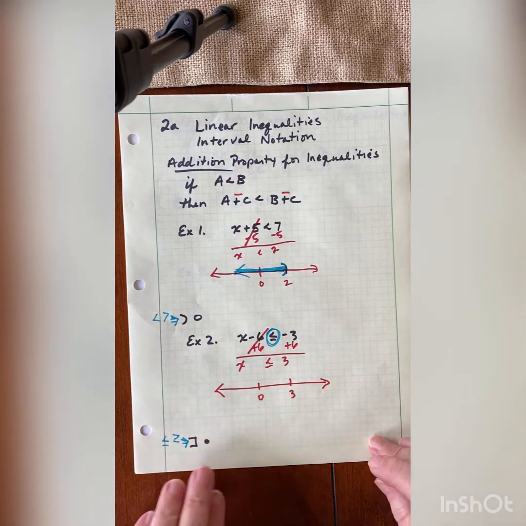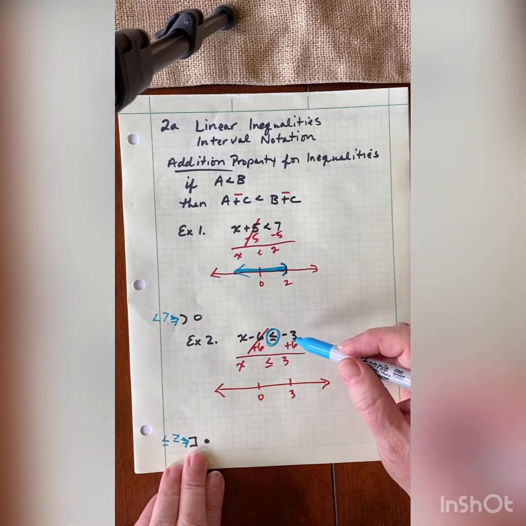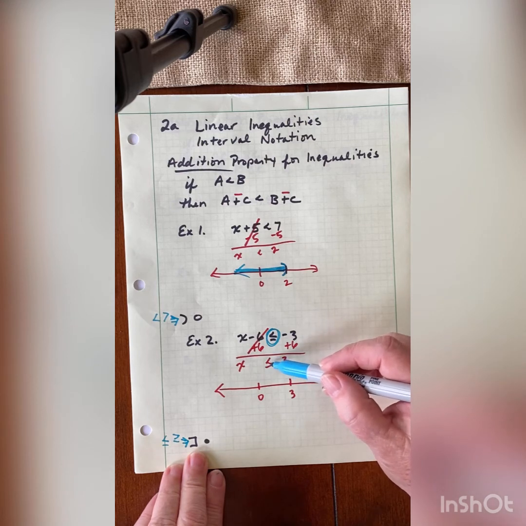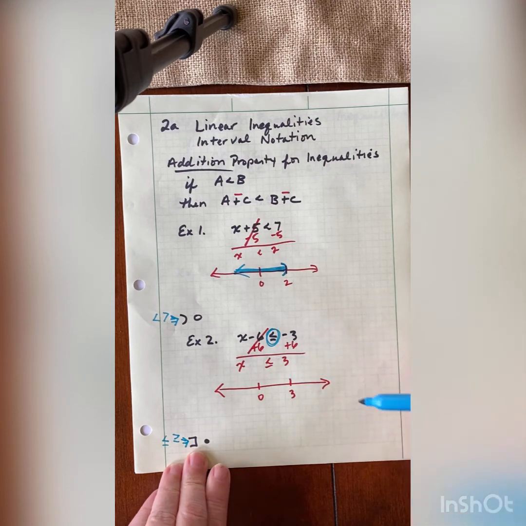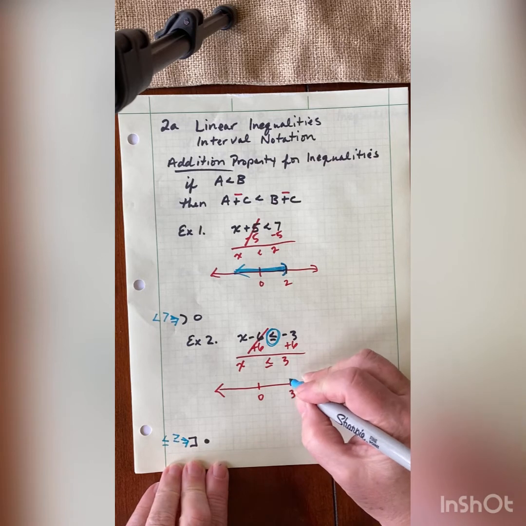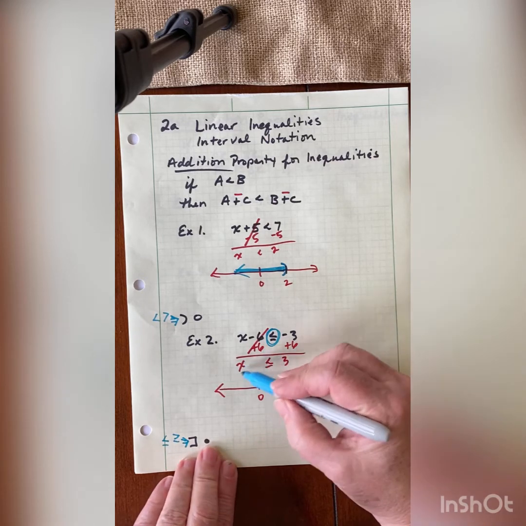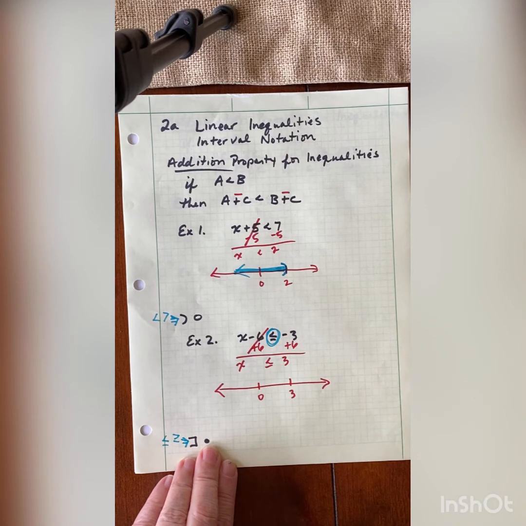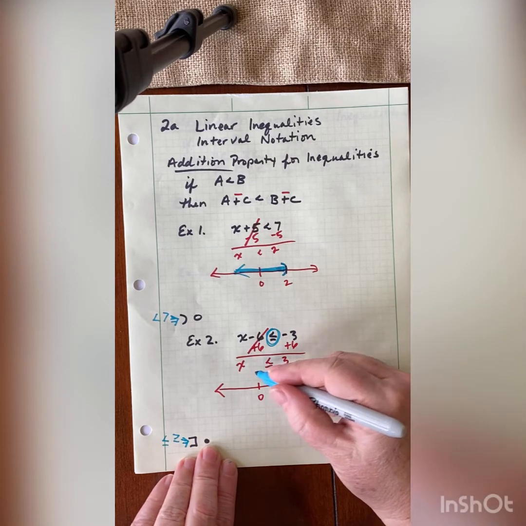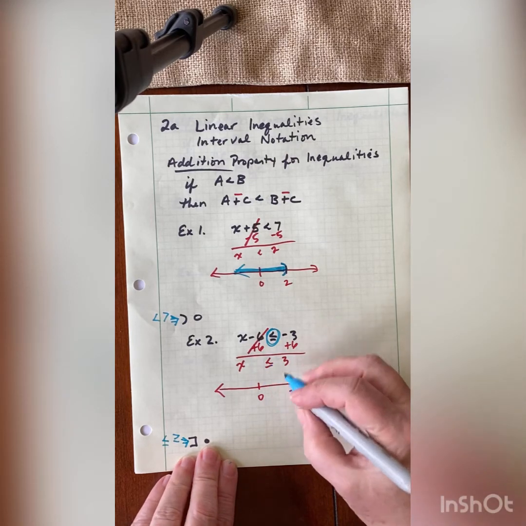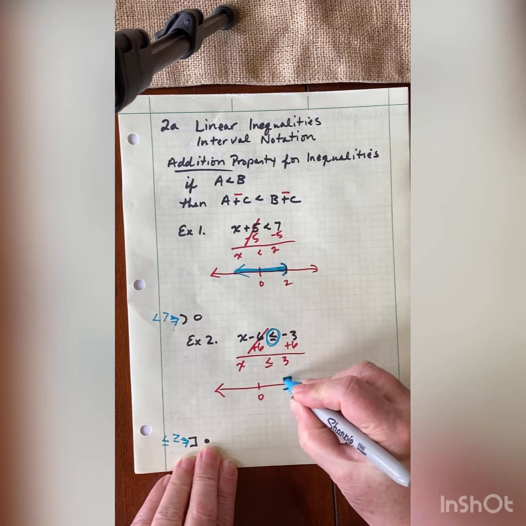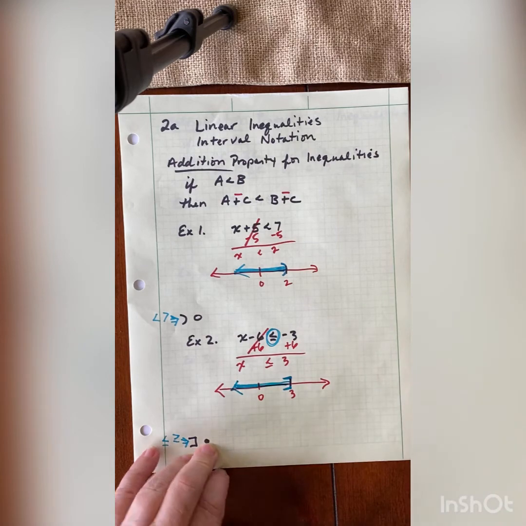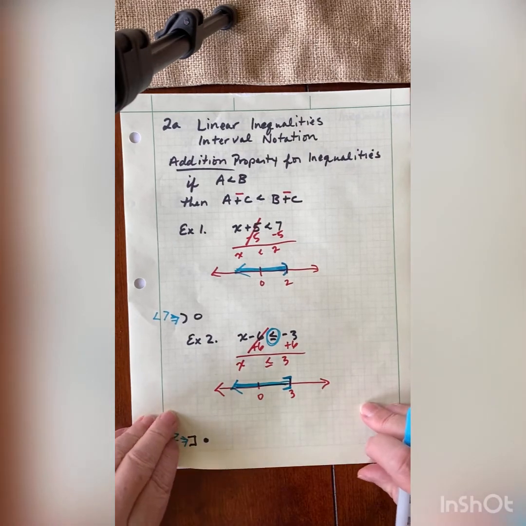And this time that number is actually included in the answer because it's less than or equal to. So it can be equal to it. Now again, because I have the x on this side of the inequality, this is going to point the way it's going to go. I'm going to use the bracket. It goes down this way. And there you go.